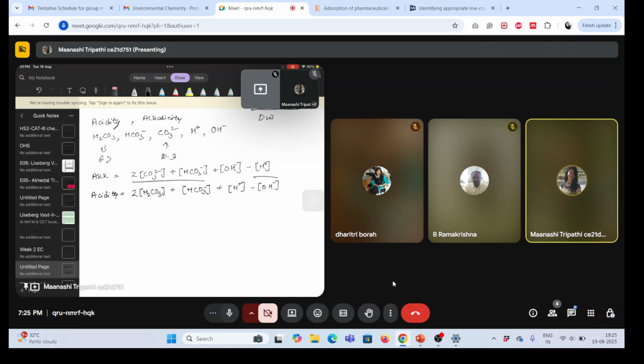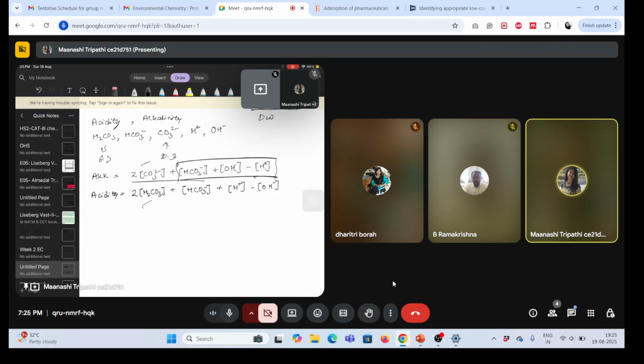In both equations, whether we talk about alkalinity or acidity, two things are common. The only change is this value and this value. That is how acidity and alkalinity work.